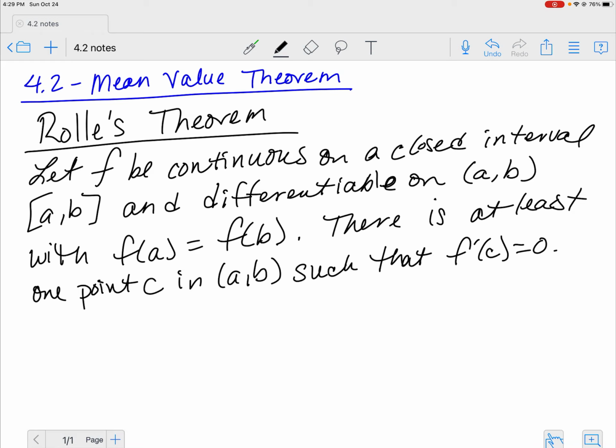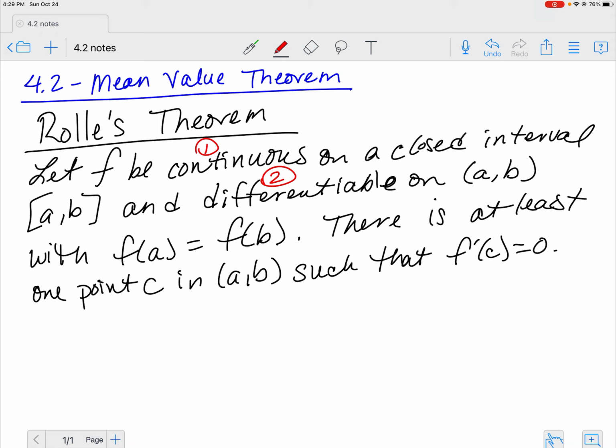All right, check this out. So there are 3 criteria that have to be met here. Let f be continuous. Bam, there's criteria number 1. So 3 criteria have to be met before we can go forward. Criteria number 1, it has to be continuous on the closed interval. Criteria number 2, it has to be differentiable.